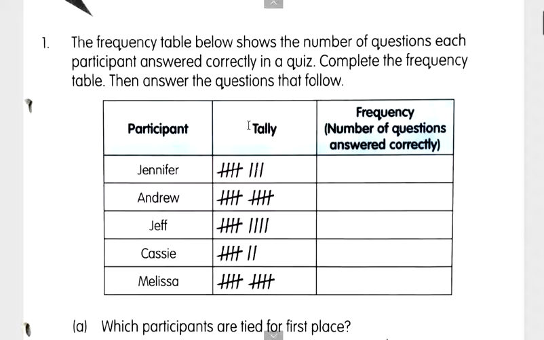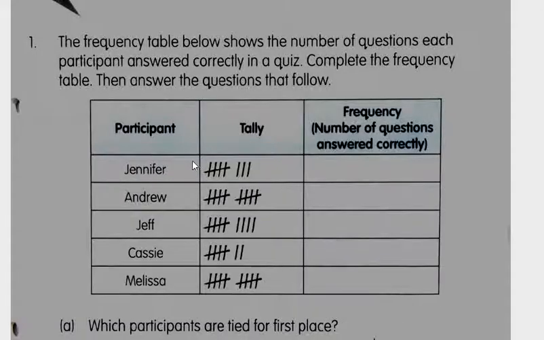Okay, in worksheet 1 we have learned about this, how to count the tally. So this is the complete tally, and the crossing line costs 5, and each line represents 1. So there are 3 lines. Just add them and that will be the number.